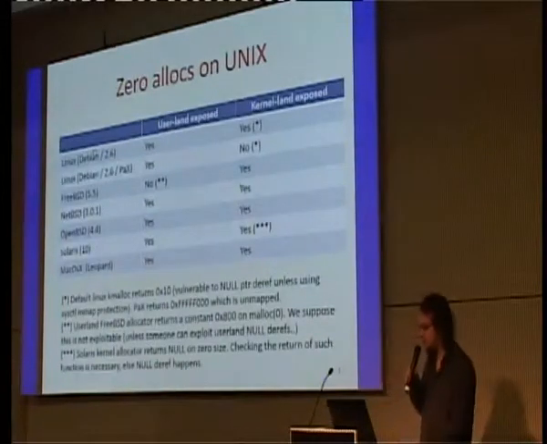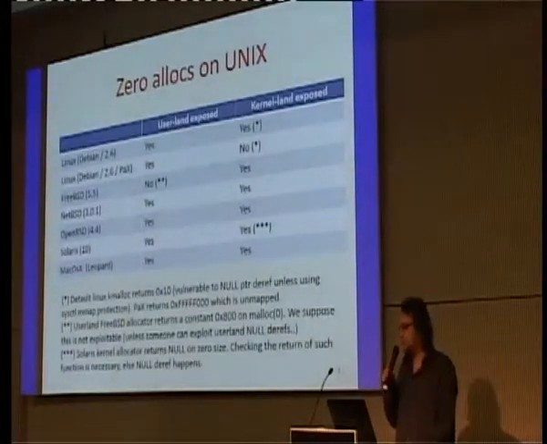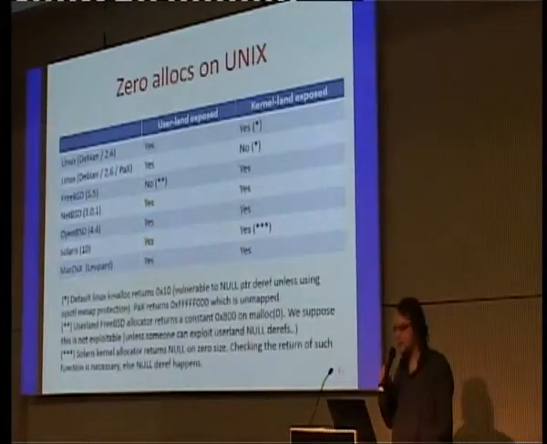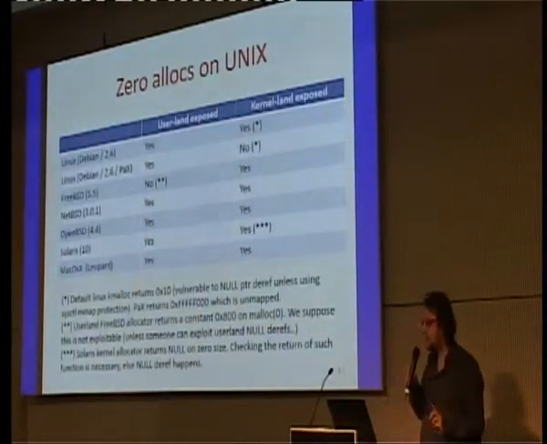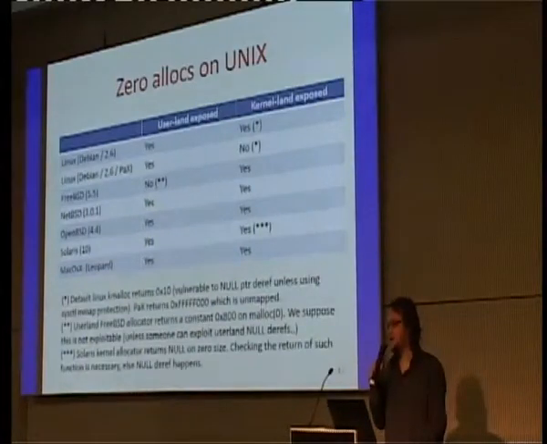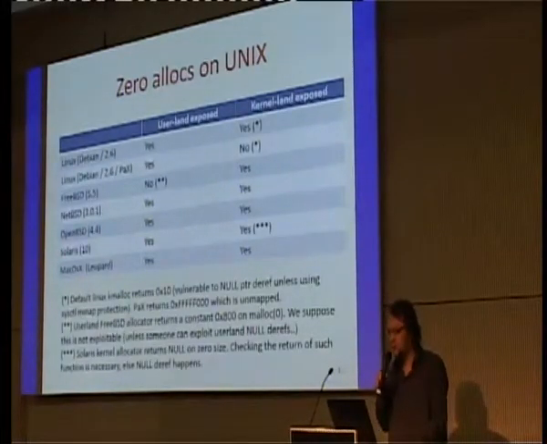Other operating systems. For Linux, same behavior. Linux with PaX, same behavior, except for kernel-land. PaX introduced a very nice mitigation for zero-size heap allocations in the kernel. Basically, by default, the kmalloc function on the Linux kernel returns 0x10. So it's vulnerable to null pointer dereference kind of attack when you map the null page and everything.